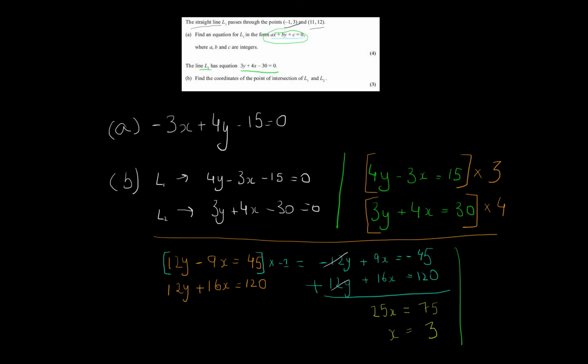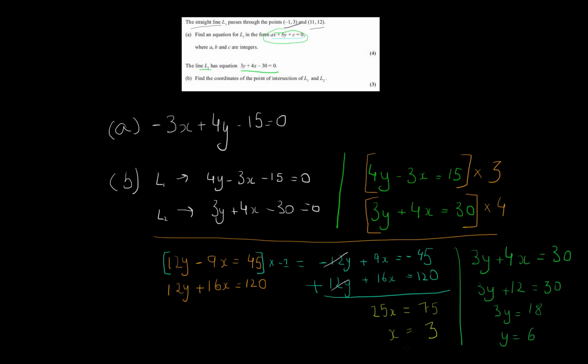So now if we substitute in the value of x here, x is 3, so 3y plus 4x equals 30 becomes 3y plus 4 times 3. 4 times 3 is 12, so 3y plus 12 equals 30. 3y equals 30 minus 12, because we subtract 12 from both sides, and that gives us 18. And then dividing both sides by 3 gives us y as 6.